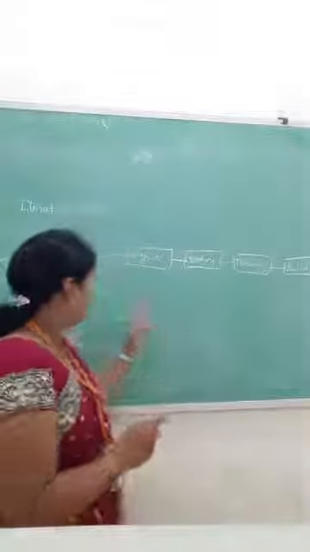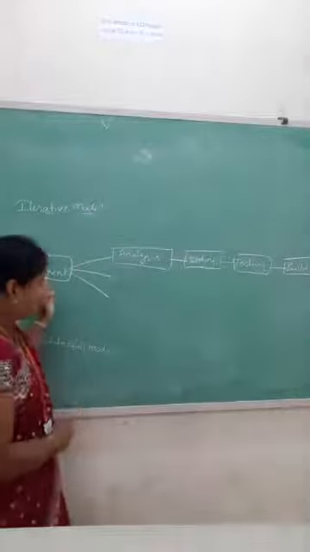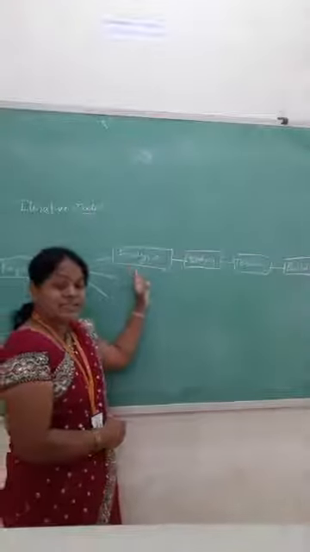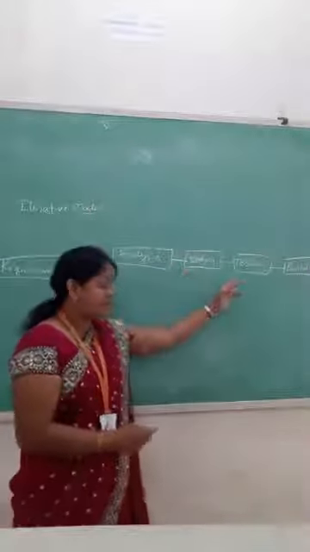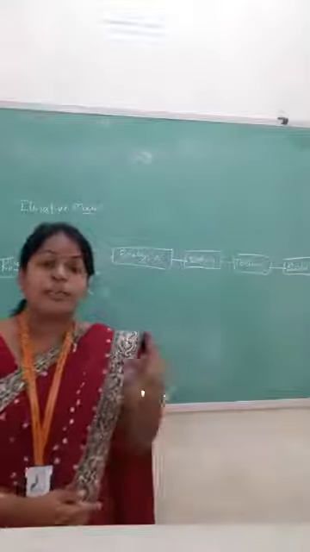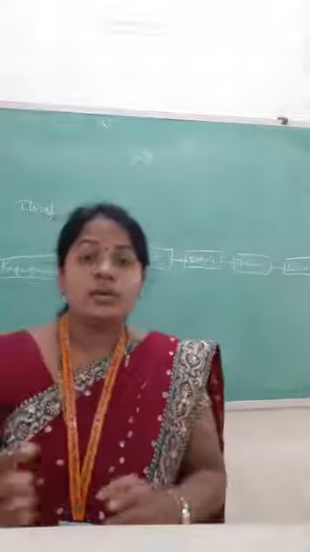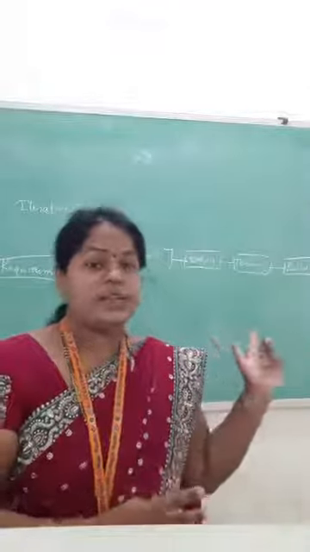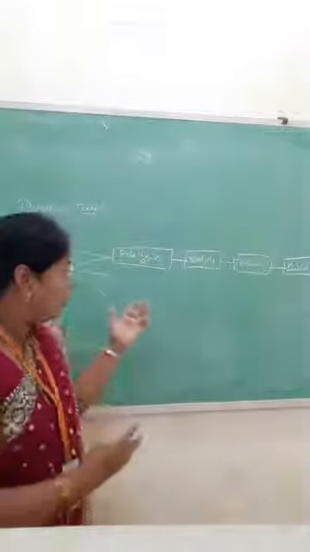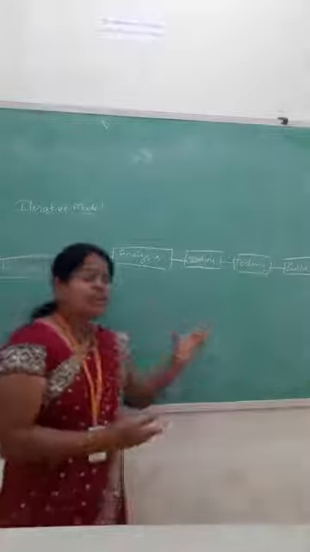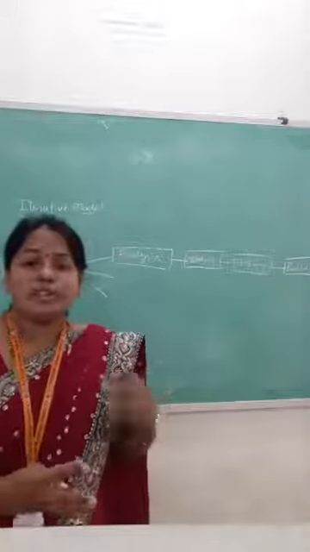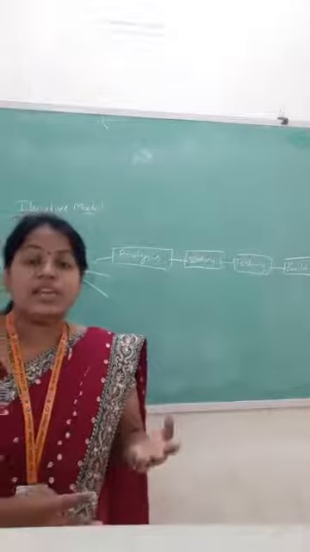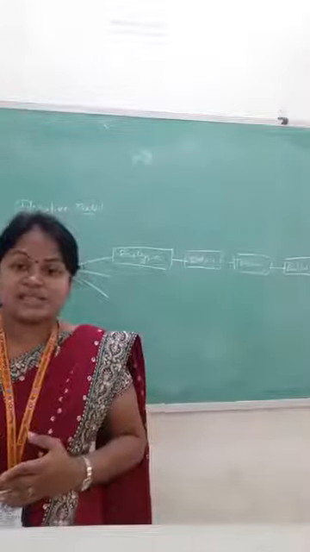So in the iterative model, the requirements are collected, then the analysis and coding phase. After the testing phase, they immediately release build one. Then only will they go to the next phase. Here the advantage is that part of the output can be seen early in the stages. There is no need to wait until the last phase.